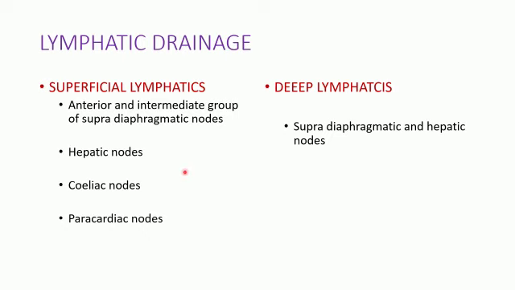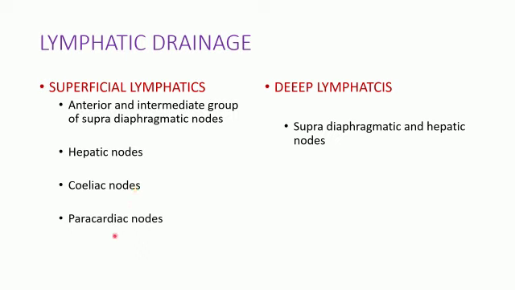Coming to the anterior and intermediate group of supradiaphragmatic nodes, they drain the posterior surface, superior surface and right lateral surface. The lymphatics from these three areas drain into the anterior and intermediate group of supradiaphragmatic nodes. Next are the hepatic nodes. The inferior surface and adjoining part of the anterior surface, together with the porta hepatis, drain into the hepatic nodes.